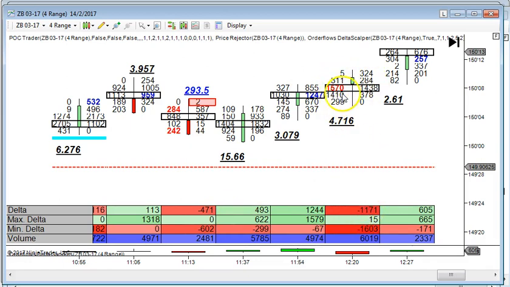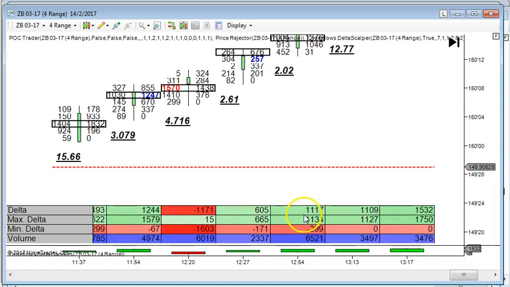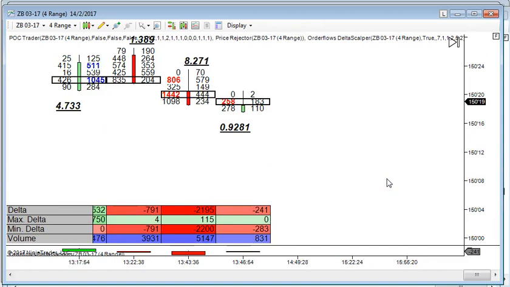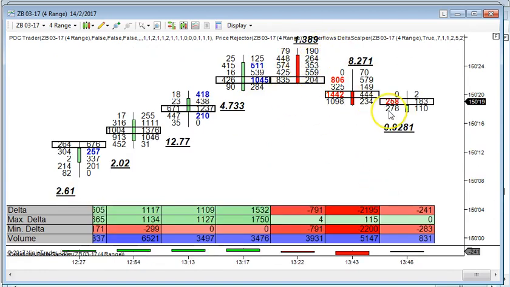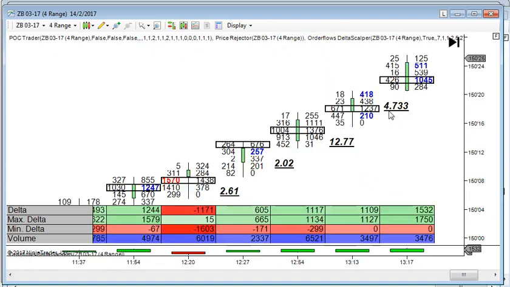But what's interesting is what you can read into this, even though it's got a negative delta of minus 1,100. Look at this, why is it minus 1,100? The bar is green, so the market turned up. There was a lot of support in this bar, 1,500, 1,400. And then positive 600 here, 1,100, 1,100, 1,500, as the market reaches up to this point, and then you see the selling come back in again.